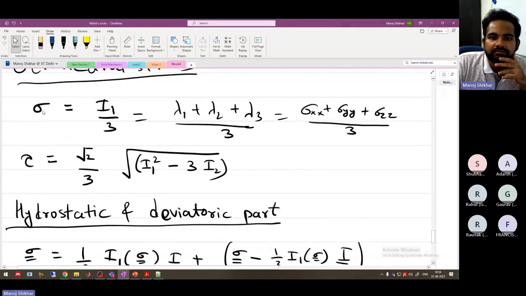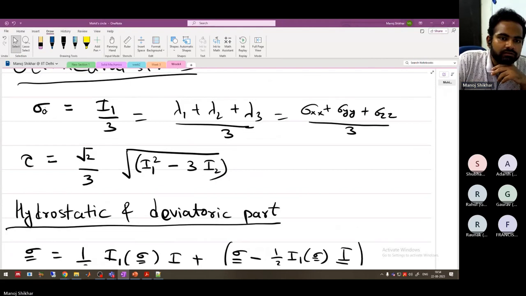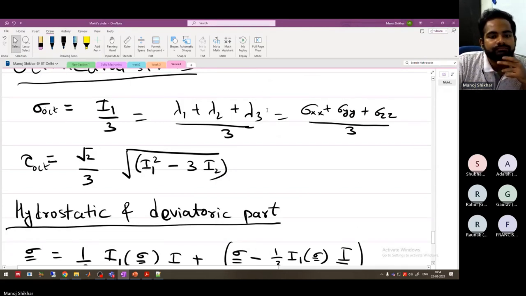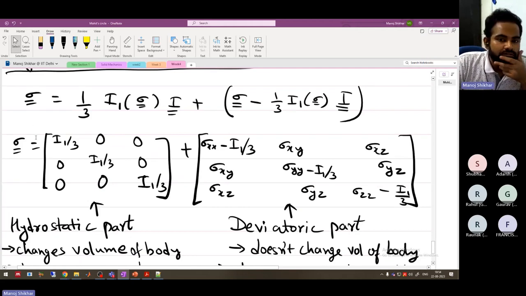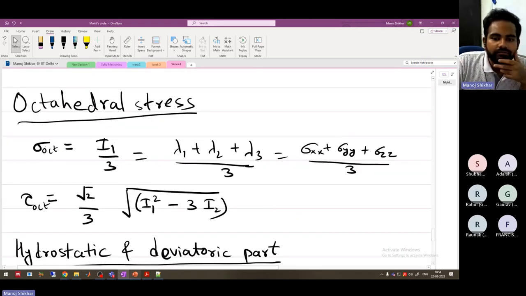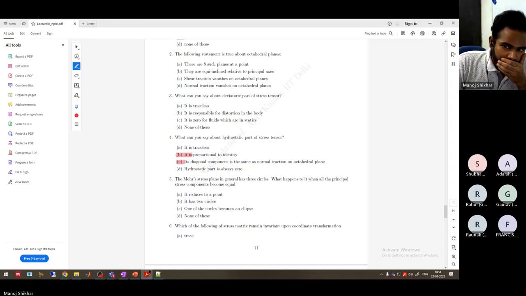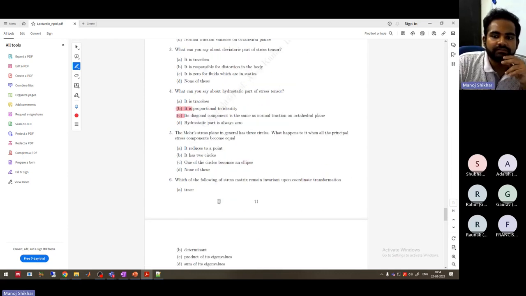See, this is the sigma octahedral. I should write OCT here. You can see the diagonal term is I1 by 3. Hydrostatic part is always 0? Wrong. It is not stressless. Wrong. So the answers are B and C.